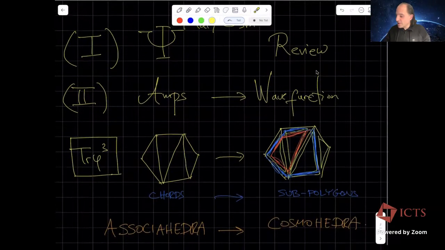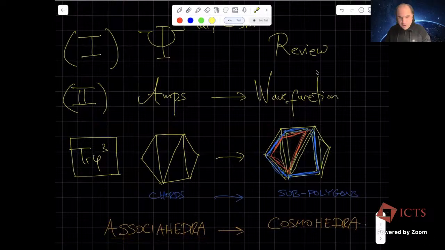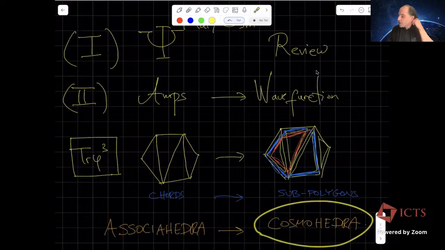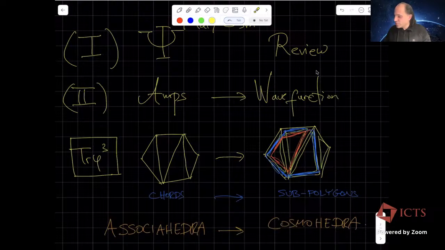And pursuing this way of thinking will lead us naturally to start with the Associahedra and, in a literal sense, blow them up or shave them off to go from Associahedra to these Cosmohedra.